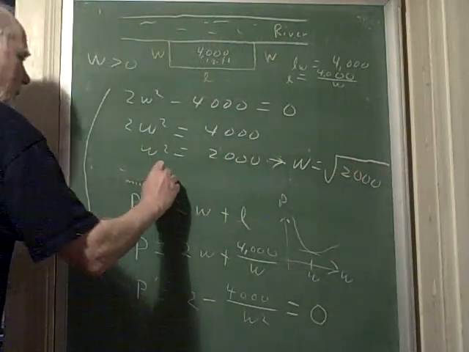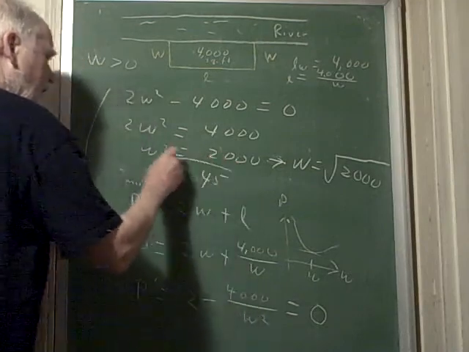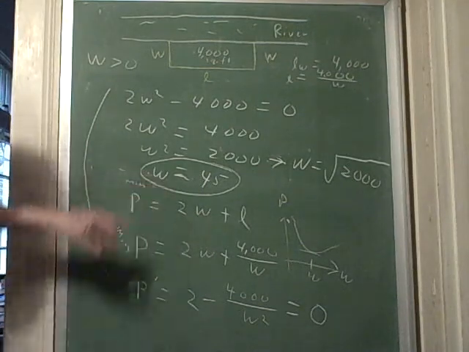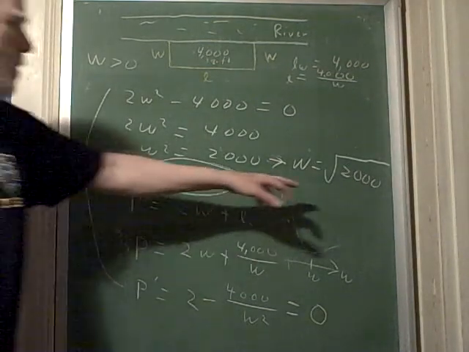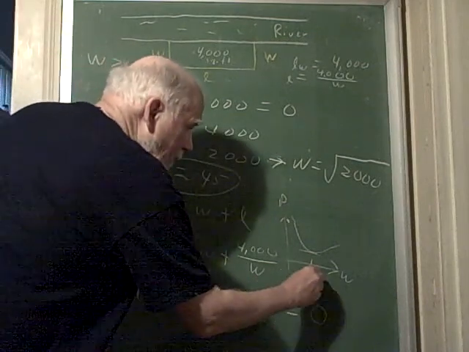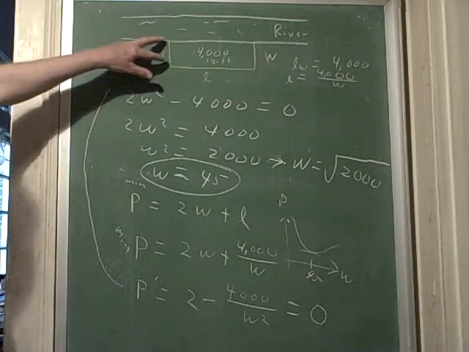That comes to approximately 45 feet. I think it's about 44 point something, so about 45 when we take the square root of 2,000. So this W here is about 45 feet. This would be my width.